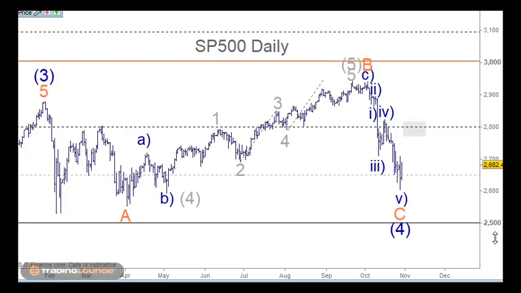At the end of the day, we take trades based on trading signals, or on confidence in a particular setup that we see. So even though we don't know what the count is 100%, it still enables us to work smaller degrees of wave structures, and that's where the focus should be.